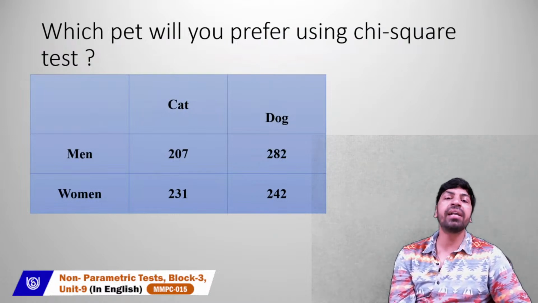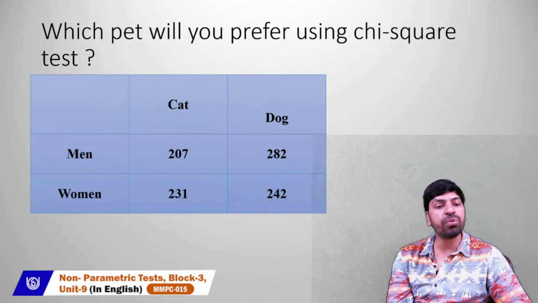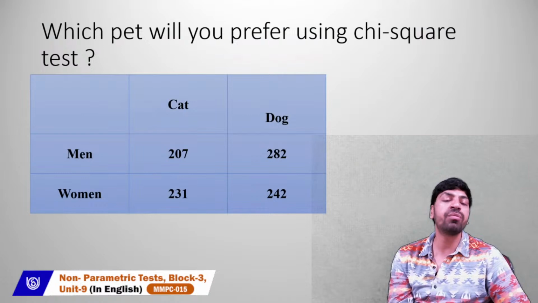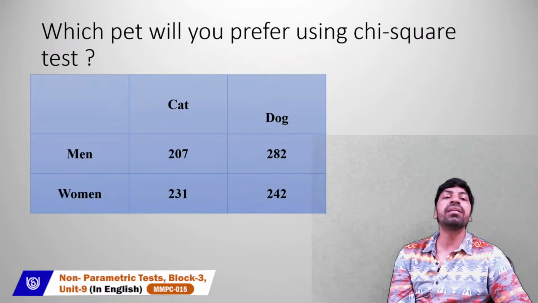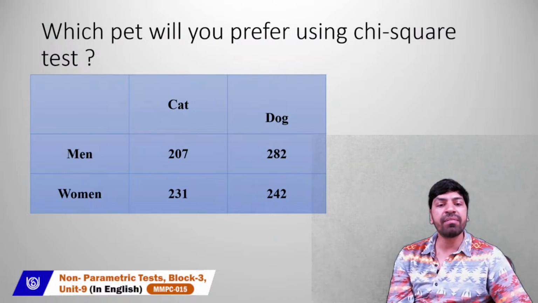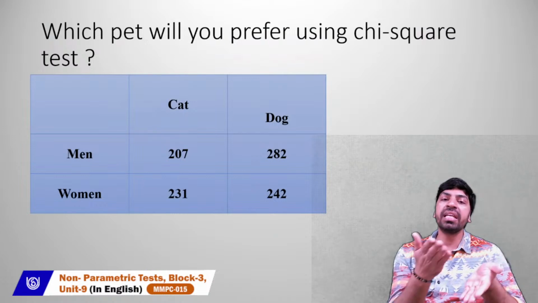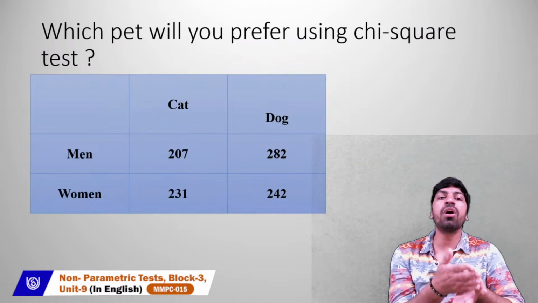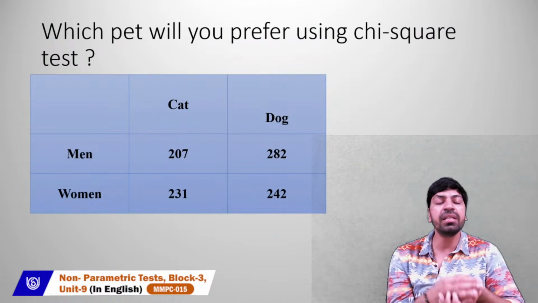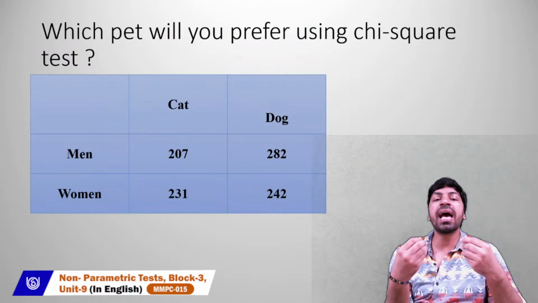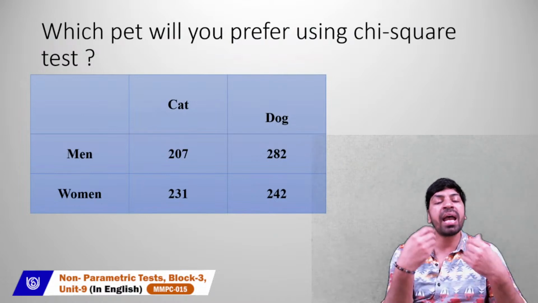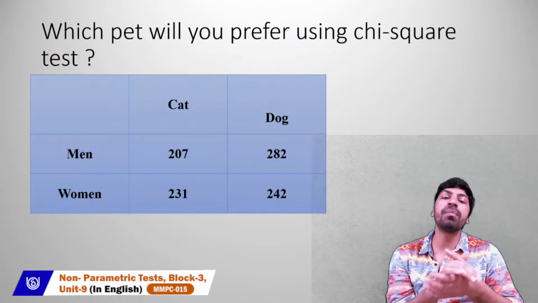The cat and dog are already mentioned in the columns, and the rows are men and women, and the values are already given, that is 207, 282, 231, 242. In this question we need to calculate the observed and expected frequencies. The frequency which has been looked at by yourself is the observed frequency.